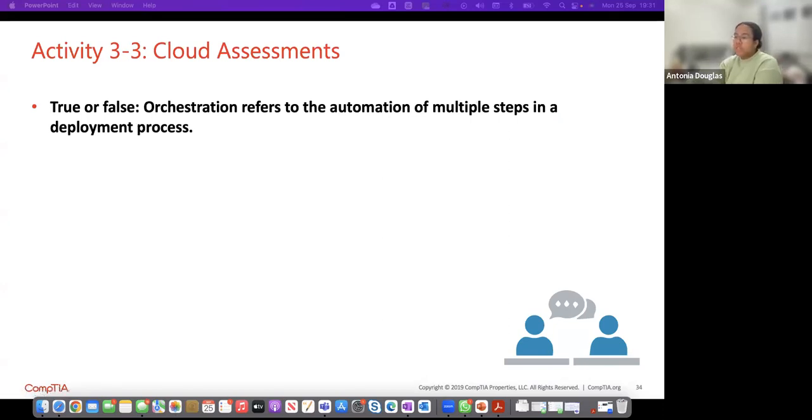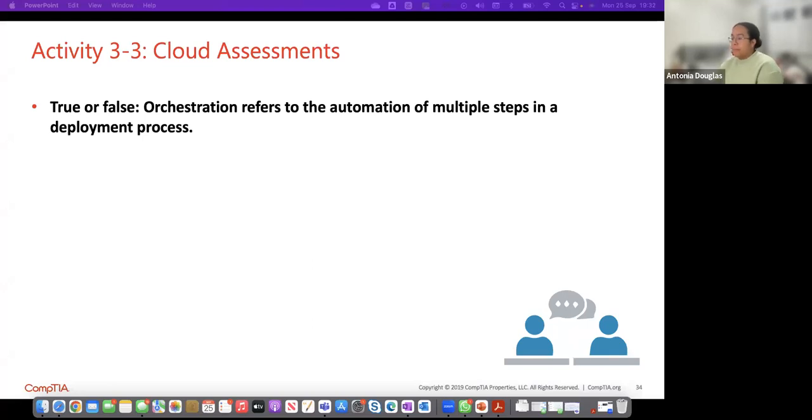True or false, orchestration, which we've just covered, refers to the automation of multiple steps in a deployment process. Remember, it was to simplify the deployment.